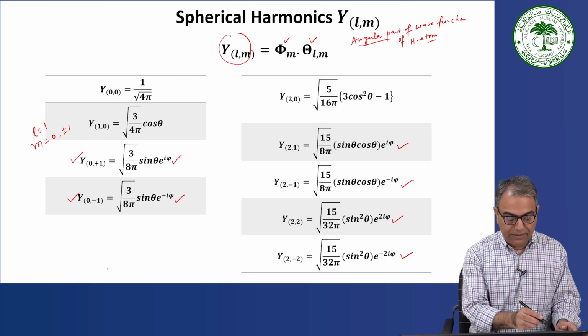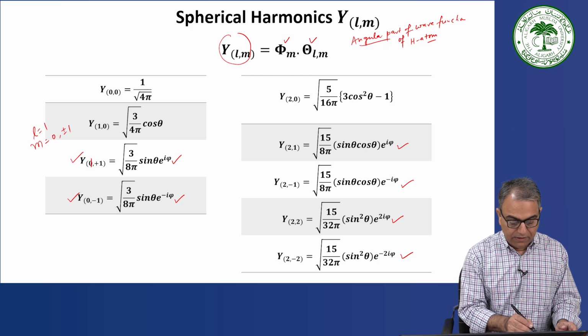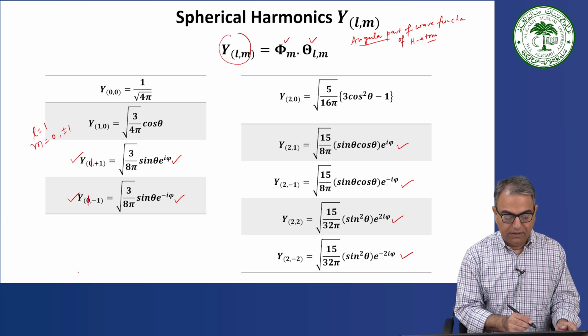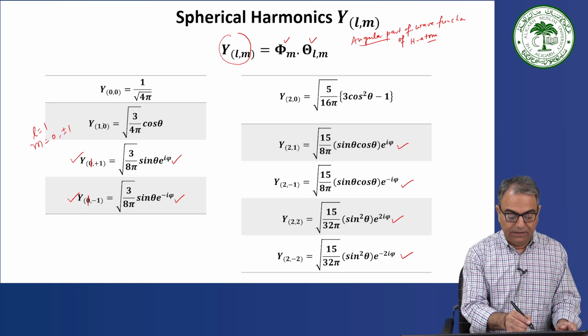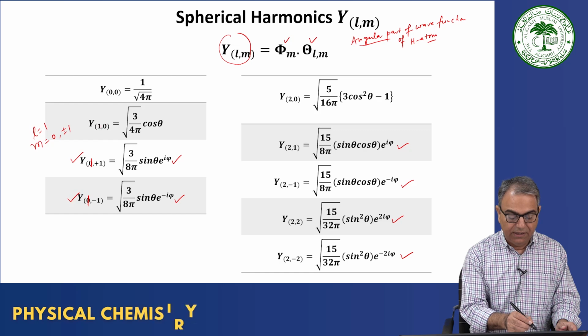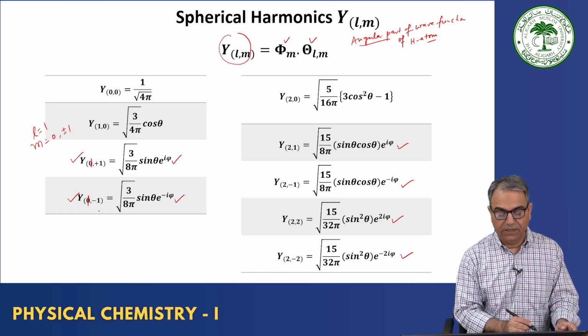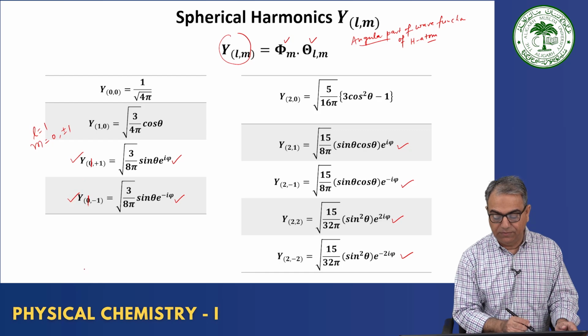So here you have L is equal to 1, so this should be 1, this also should be 1. L is 1, M is 0, plus 1 and minus 1. So these are the corrections which you will have to make.